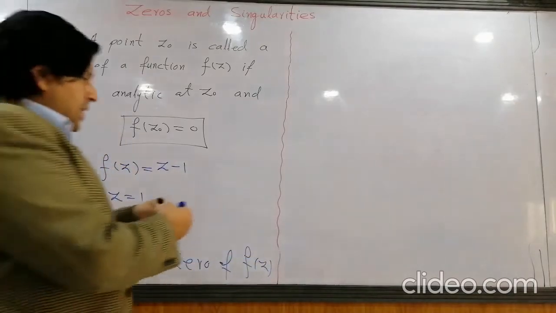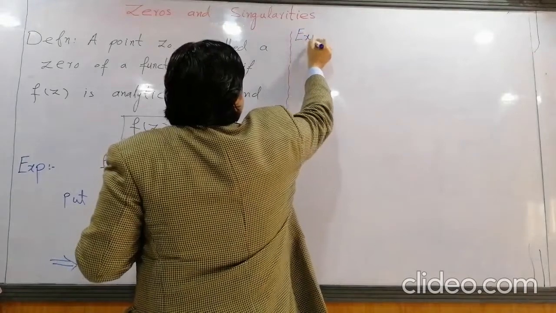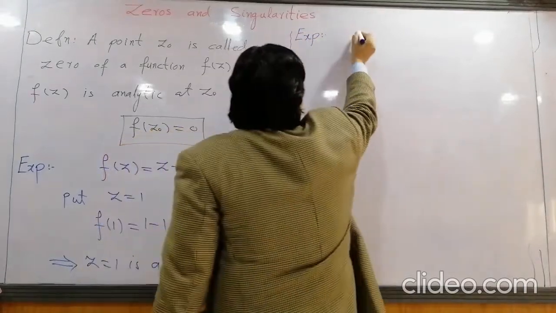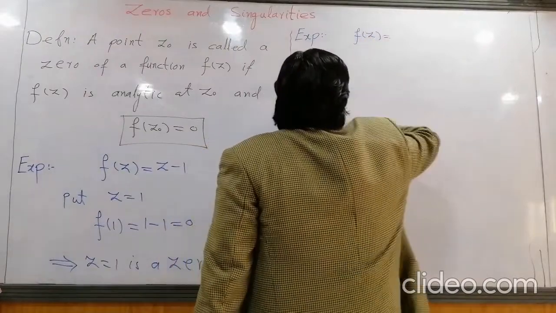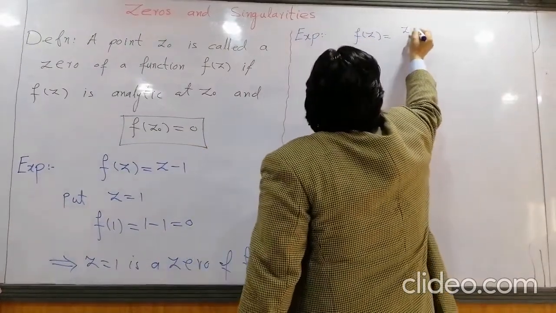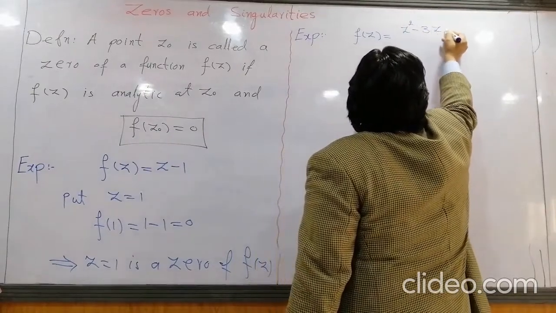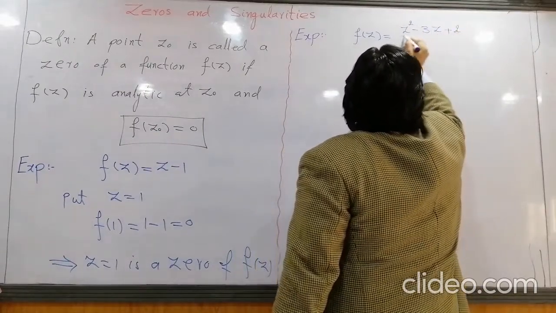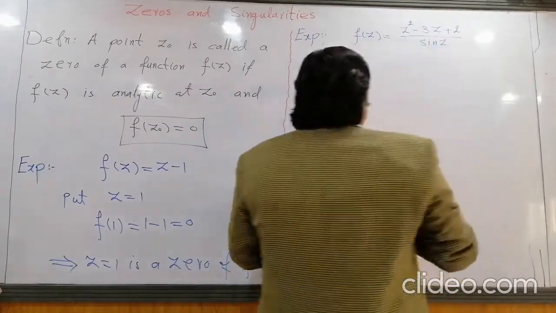Now let us see another example. I take a function f of z which is equal to z square minus 3z plus 2 divided by sine z.